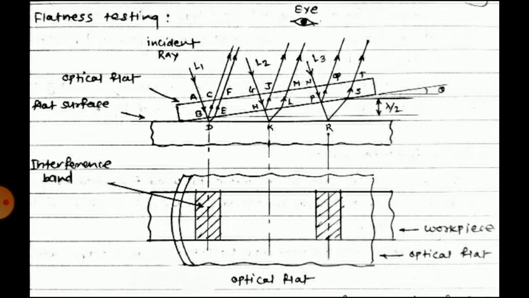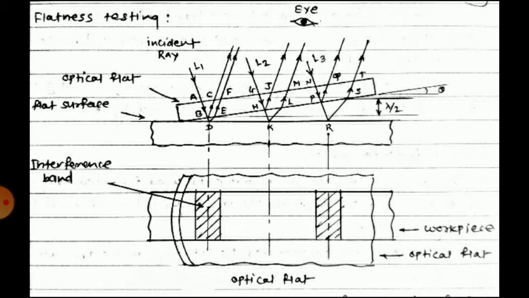If the optical flat is now illuminated by a monochromatic source of light, interference bands will be observed. These are produced by interference of light rays reflected from the bottom face of the optical flat and the top face of the workpiece being tested through the layers of air.